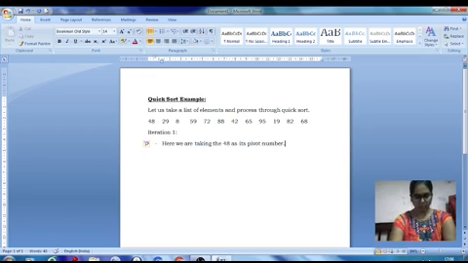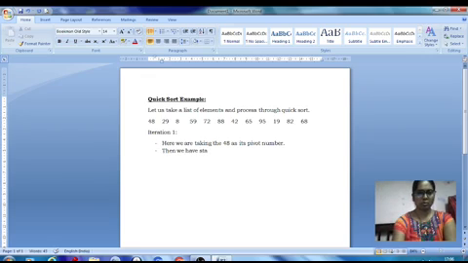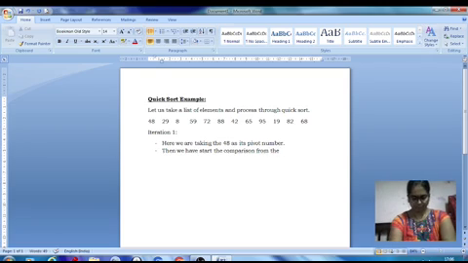Then we have to start the comparison from right to left.